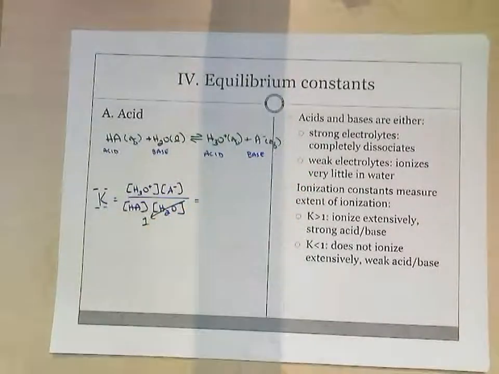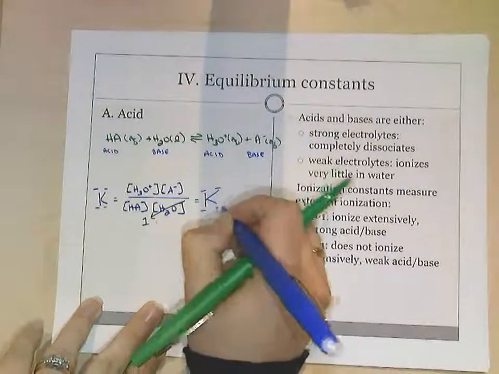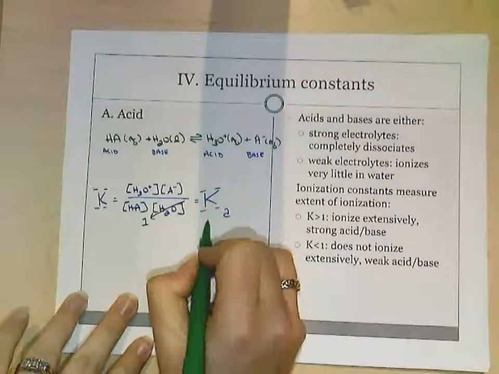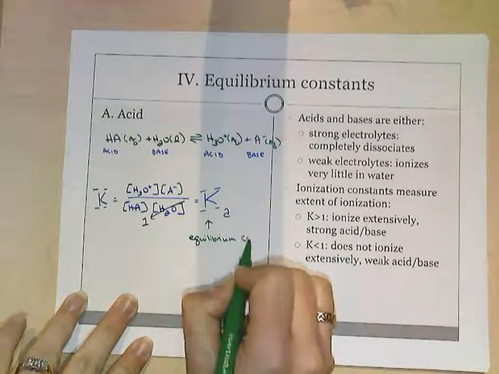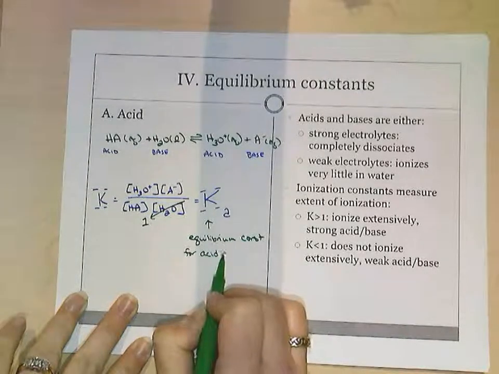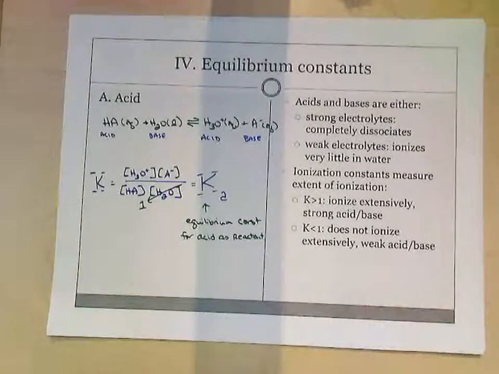So now I have the products over the reactants of an acid equation. And I'm going to give this a specific name. Big K with the little a, which means that this is an equilibrium constant for an acid reaction. So it's the equilibrium constant as long as the acid is the reactant.